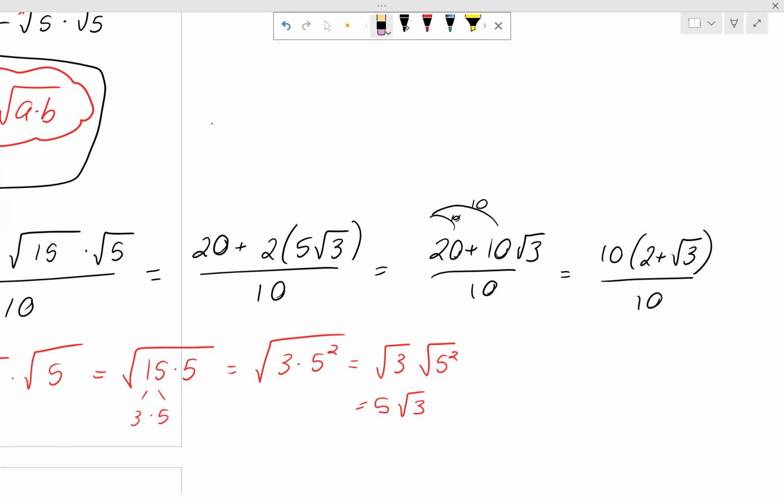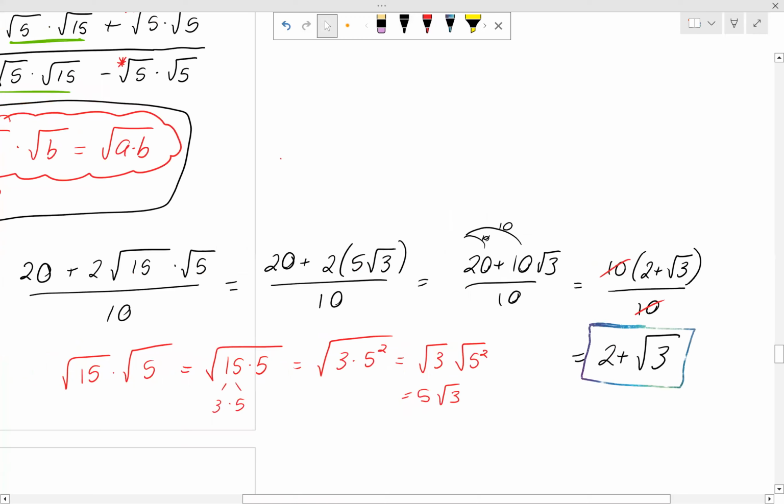All right, and then this 10 that I'm multiplying and this 10 that I'm dividing cancel out. So I'm left with 2 plus the square root of 3. And that would be my final answer in its most simplified form. 2 plus the square root of 3.